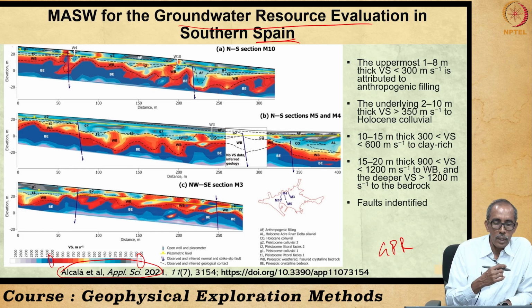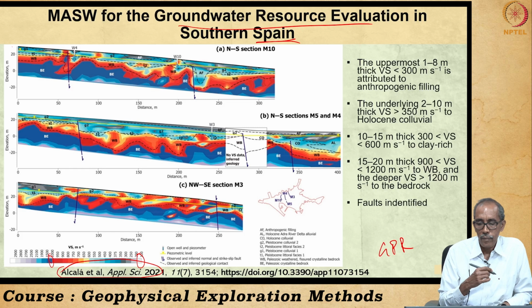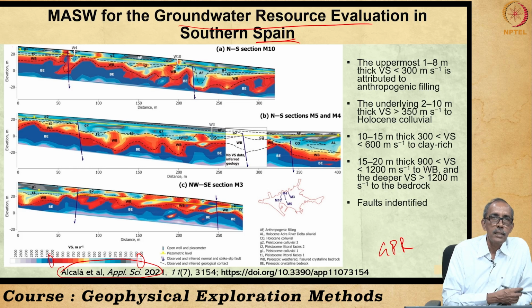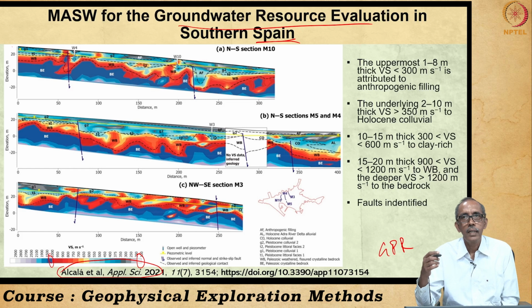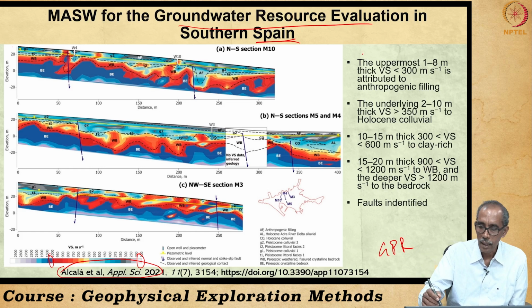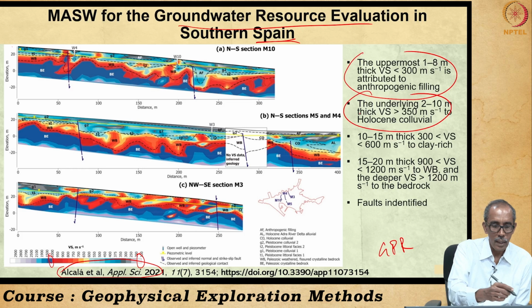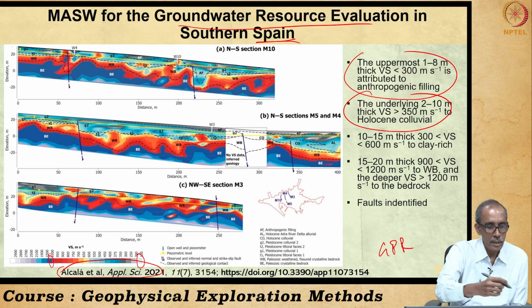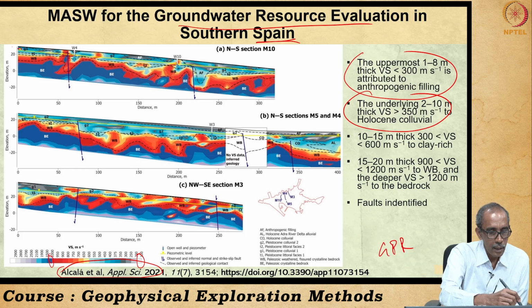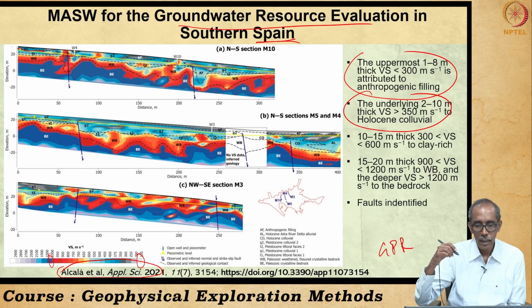So, here you can see the sections prepared by multi-channel analysis are able to delineate different zones. The top zone is up to about 8 meters. Here you can see there is a different color.